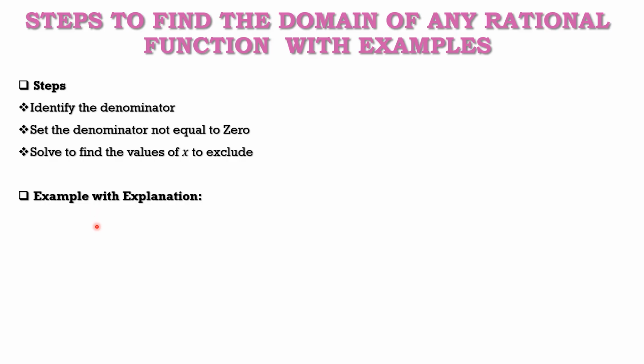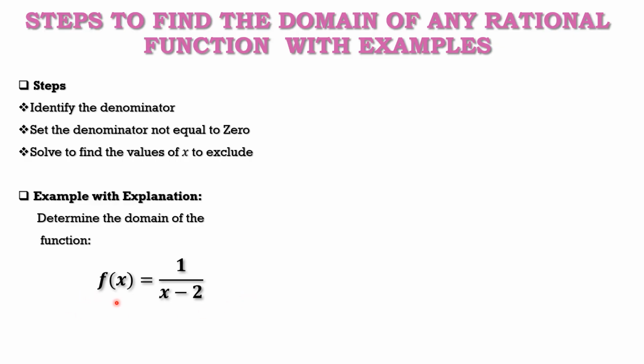Now, let's listen to this particular example. Determine the domain of the rational function f of x equal to 1 divided by x minus 2. The first step is saying that we should identify the denominator. So if I look at this particular function, what is the denominator?